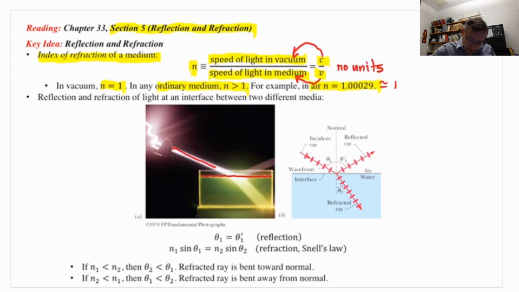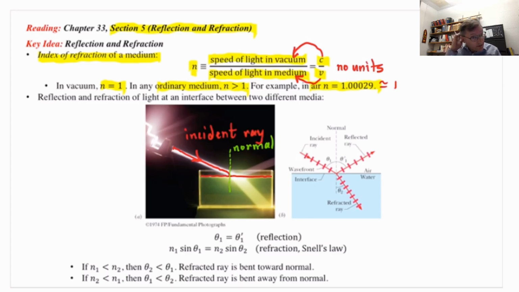So we'll draw what's called a ray. That's the incident ray. It shows the direction the incident light is coming in. We take what's called the normal to the interface as a perpendicular line. That's very handy.